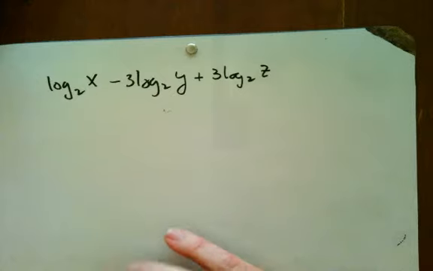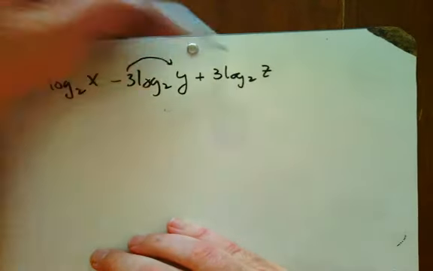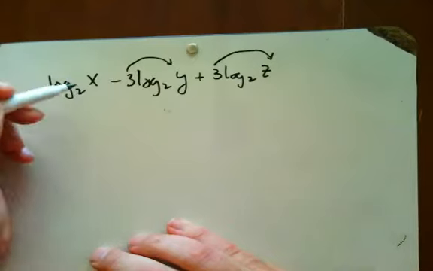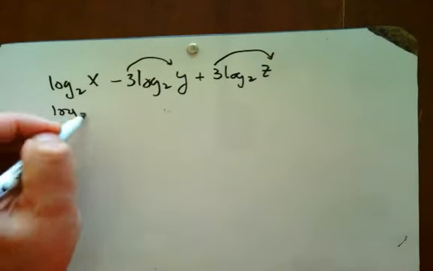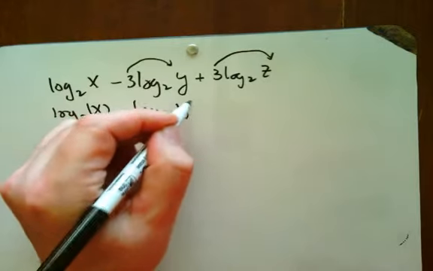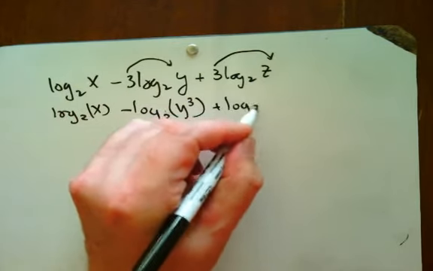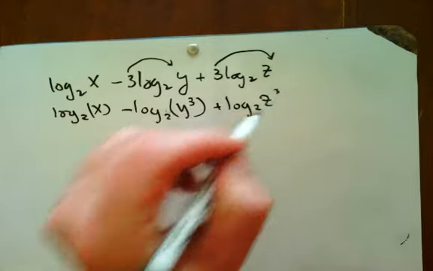If I have log base 2 of x minus 3 log base 2 of y, and plus 3 log base 2 of z, what can I do here?